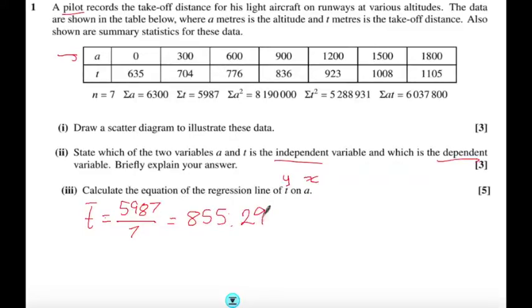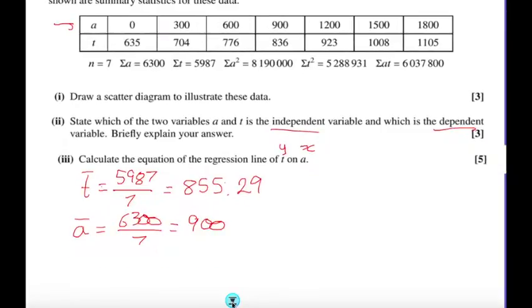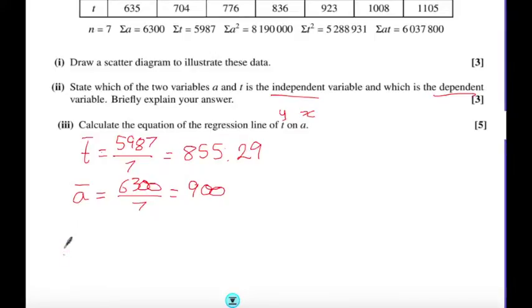Let's go 5. Right, and then A bar is going to be similar. It's going to be the sum of A divided by 7, so 6,300 divided by 7, which is 900. It's a nicer number.